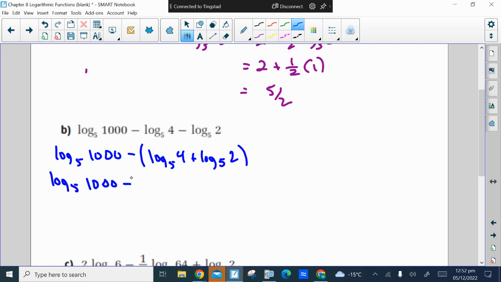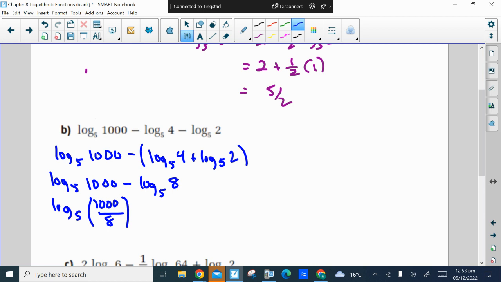And because we changed those terms inside the bracket to both positive, we can use the product law to combine them into one. And 4 times 2 is 8. And now we can use the quotient law to combine these two into one expression.